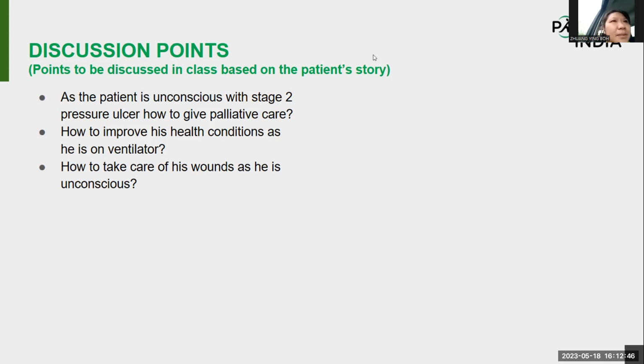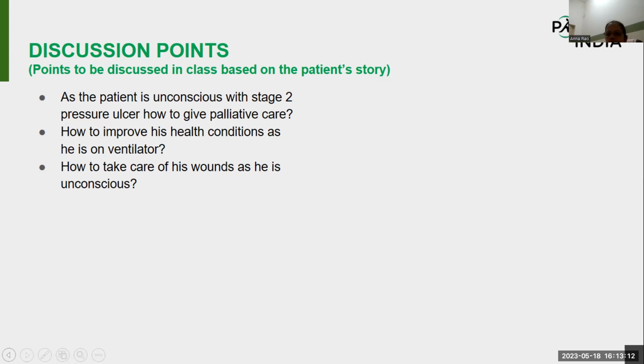Because for the wound to heal, it depends on their body's condition. So I think to take care of the wounds is to continue the nursing care that we need to do, just like the normal patient. That's my suggestion.